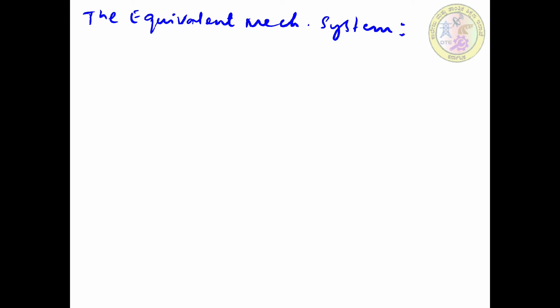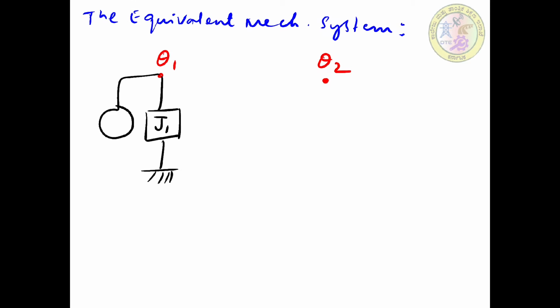First mark the nodes: theta 1 and theta 2 are the two nodes. Okay. So therefore, at theta 1 we have to connect J1, and also the applied torque T will be connected at theta 1.